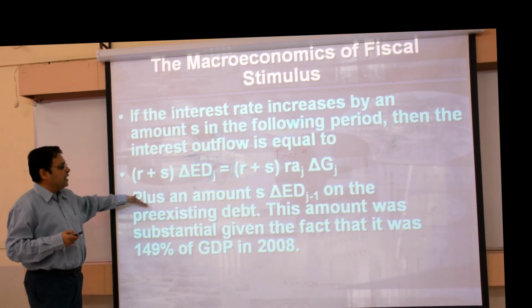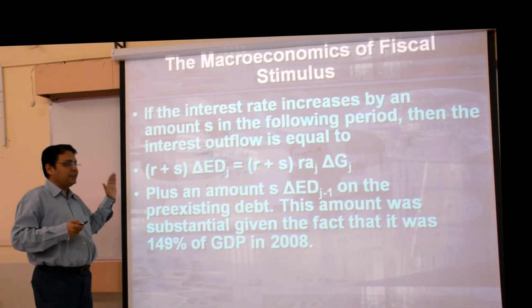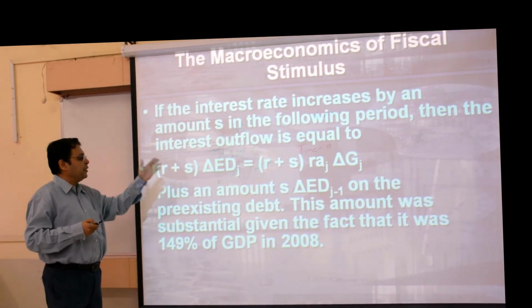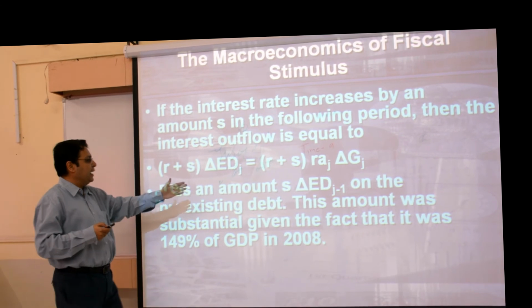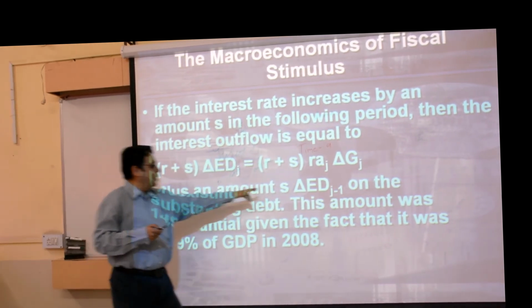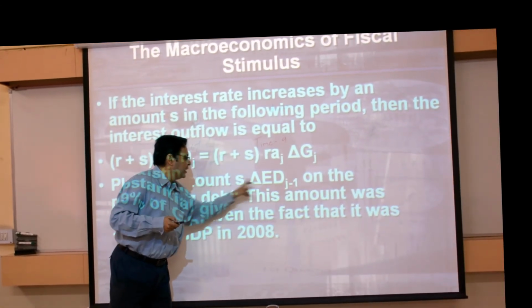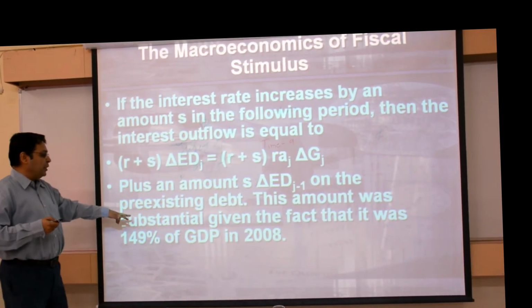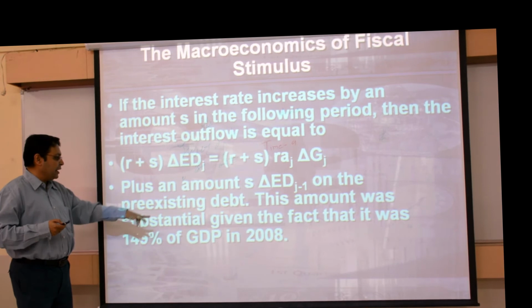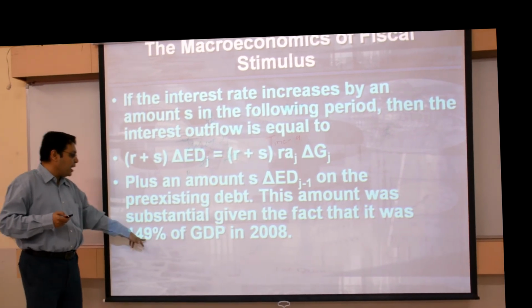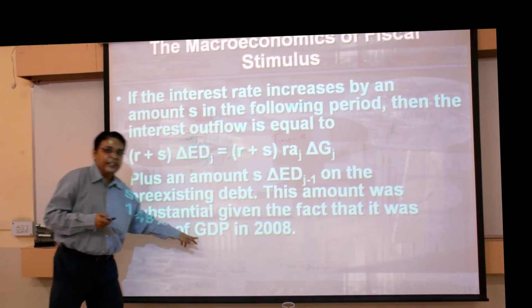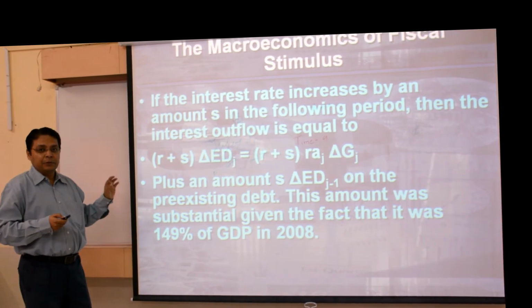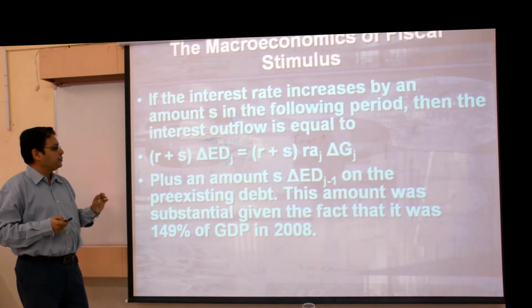The debt which was pre-existing before the interest rise, if it has been contracted on a floating rate, then there is an additional amount on the pre-existing external debt that is also going to go out. Now, this amount is going to be substantial, given that in 2008, 149% of the GDP was the external debt position of the government.